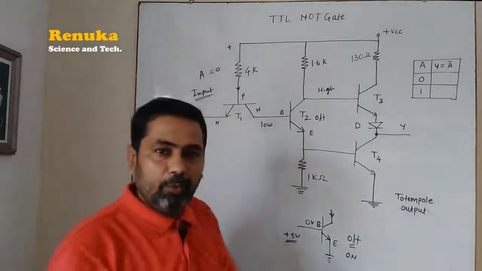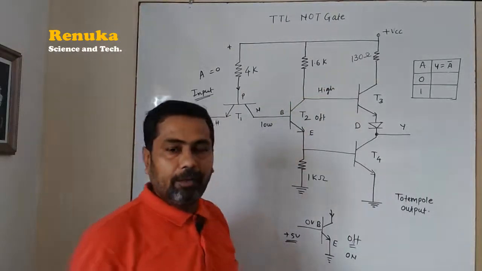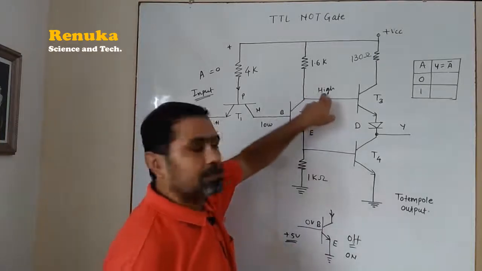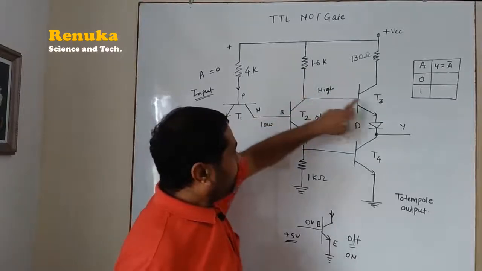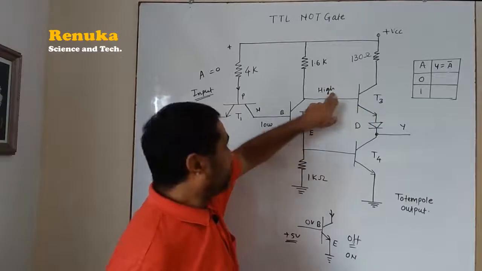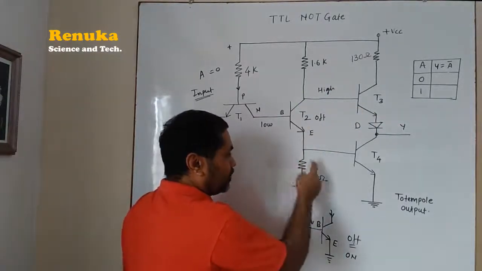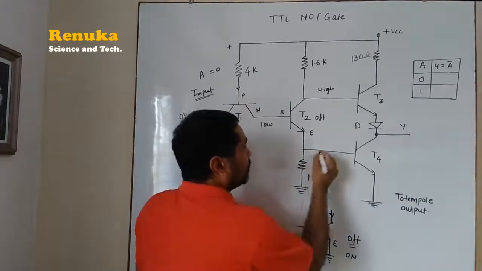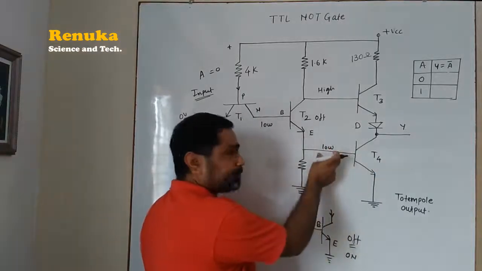High means it will be more than 0.7 volt, because in digital circuits we only utilize two voltage levels, high or low. So at the base of transistor T3, the voltage is high. What about this? As there is no current through the resistor, it will not drop any voltage, so the voltage at the base of transistor T2 will also be low.